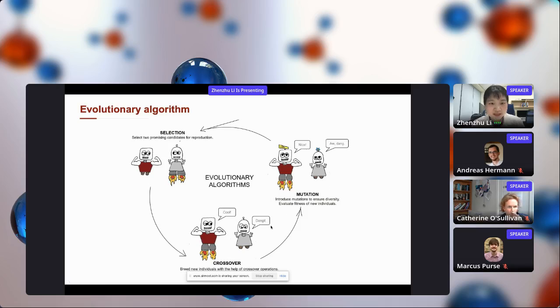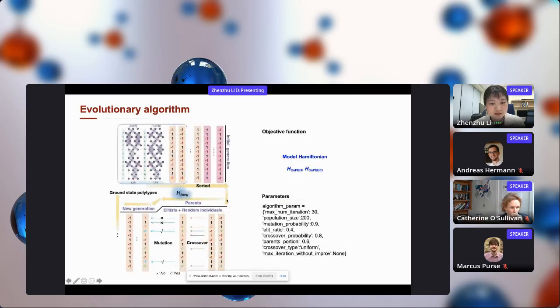So the central idea for using the evolutionary algorithm in our polytype system is the same. Here, our objective is to find the minimum of our model Hamiltonians. This is how it really works. Firstly, we choose a random set as the initial generation, and they are sorted with respect to the values of their objective function.